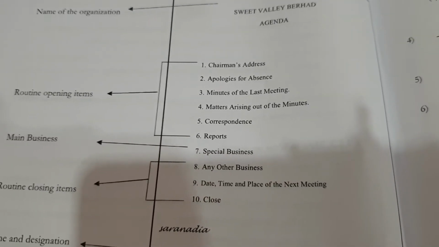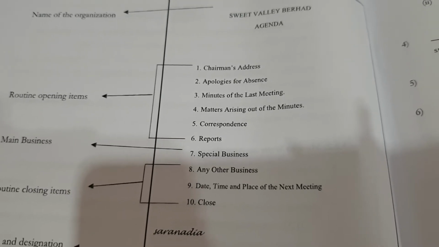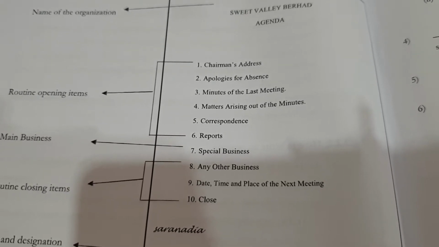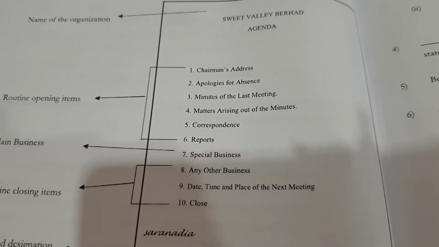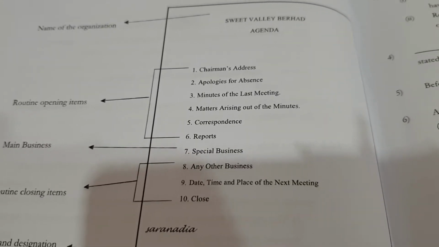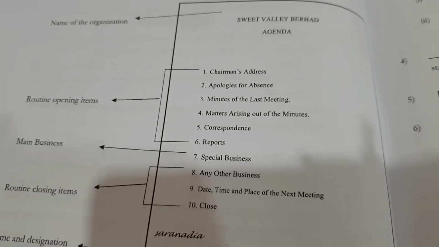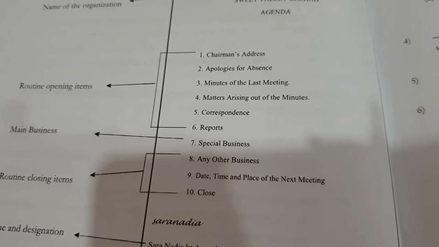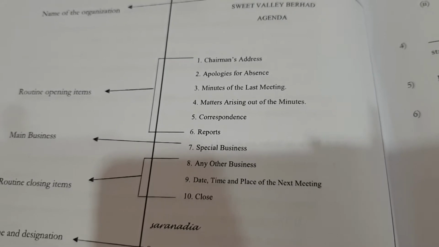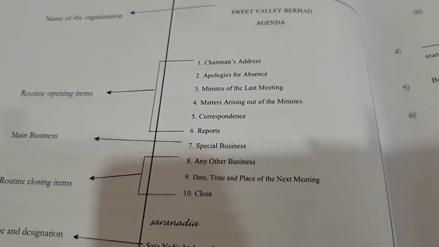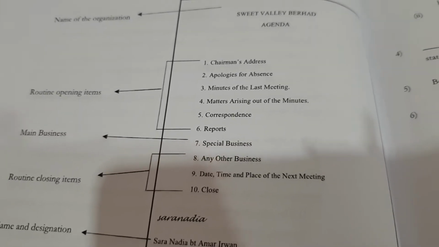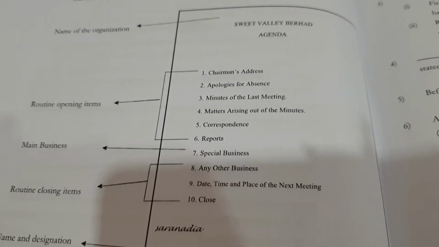If you have written something like that, then that minutes is, of course, very poor, or it contains some huge errors. It must follow exactly what you have written in the agenda. If the first item is chairman's address, then the first heading in the body of the minutes must also be chairman's address.